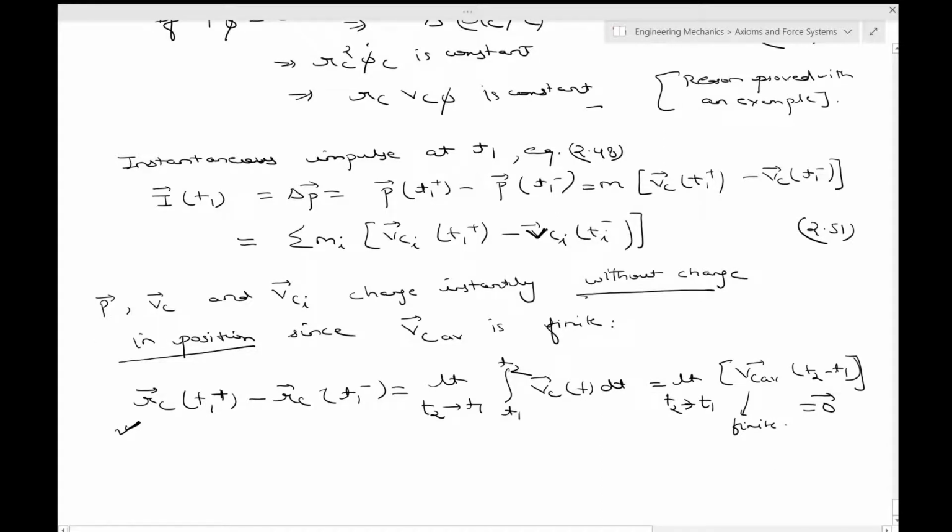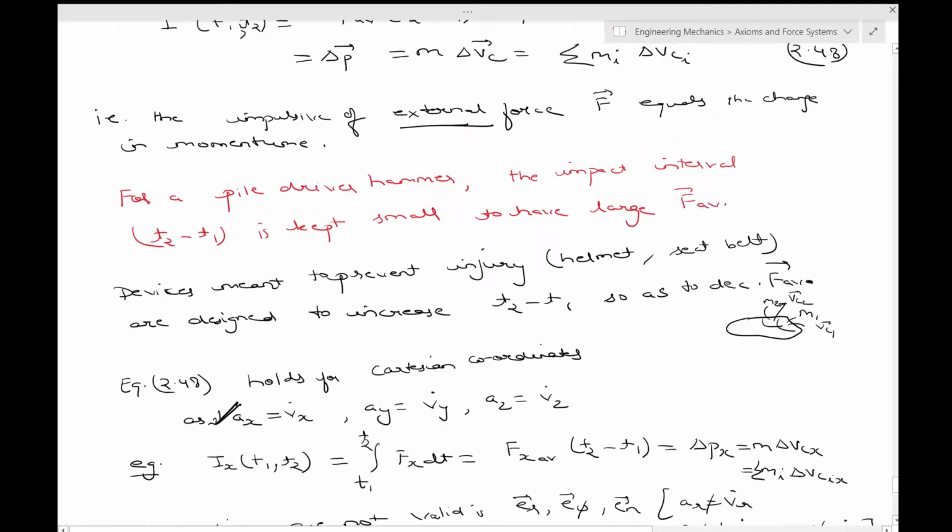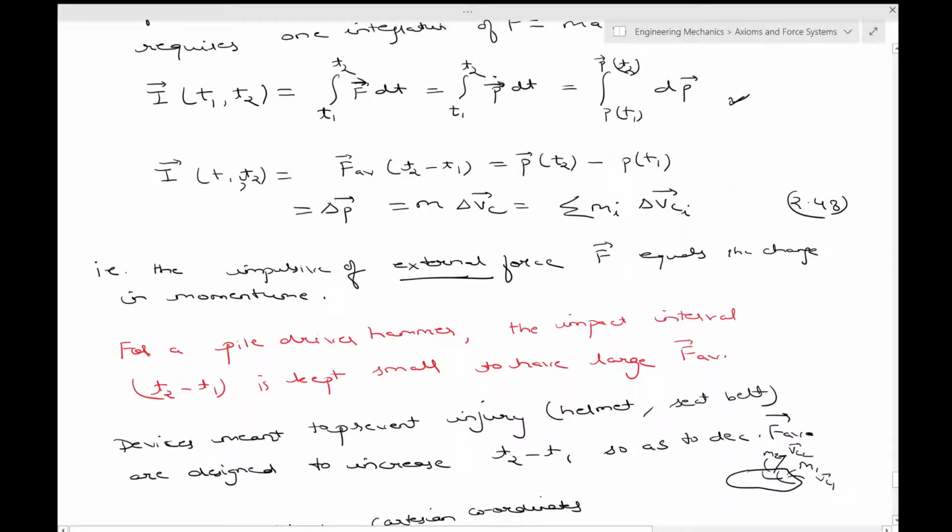And lastly, if I of T1 comma T2 is equal to 0, then equation 2.48 implies that the momentum is conserved, since delta P is equal to the impulse.